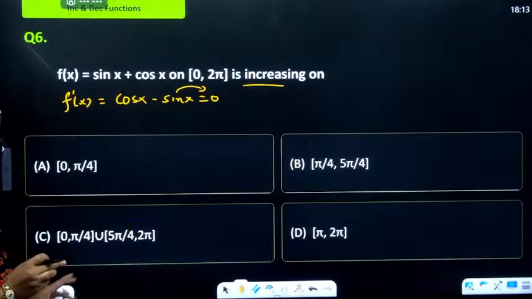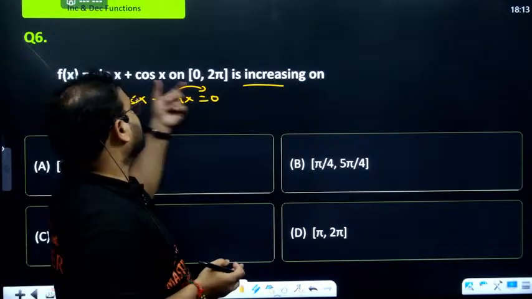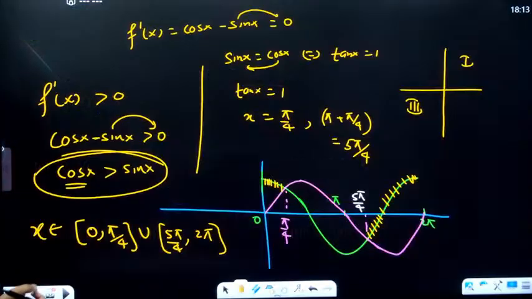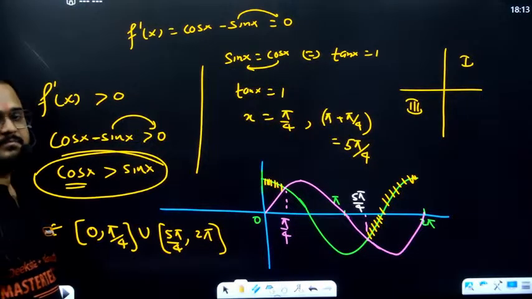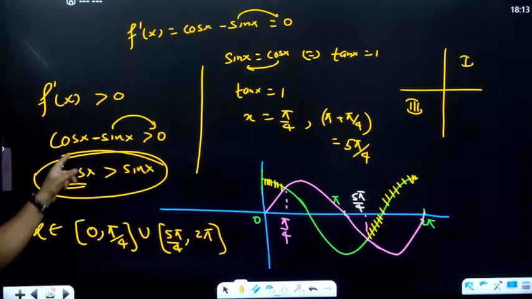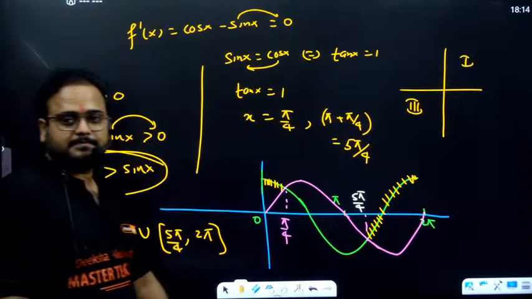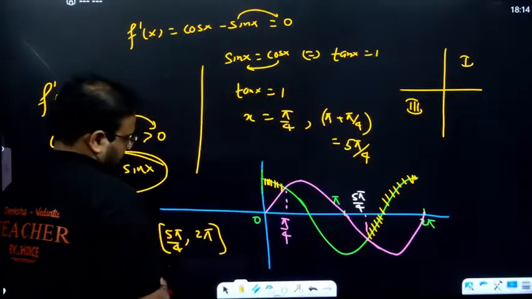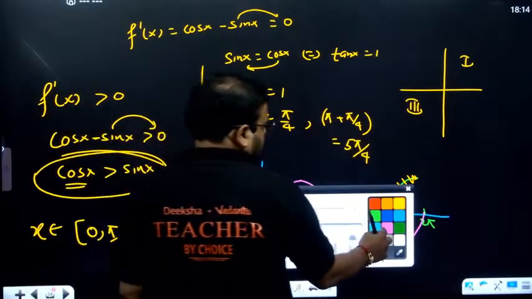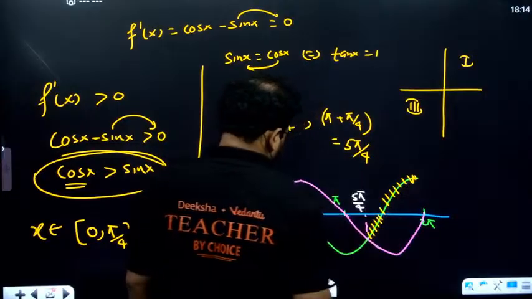They're asking in the question that I want this function to be increasing. This function will be increasing when the derivative is positive. The derivative is cos x minus sin x. When it is positive, it means cos x is more than sin x. Look at the graph. The critical points are clear.